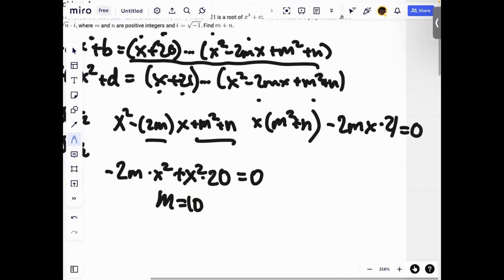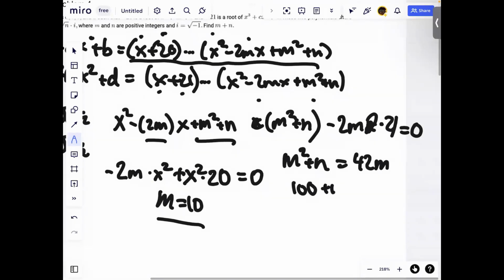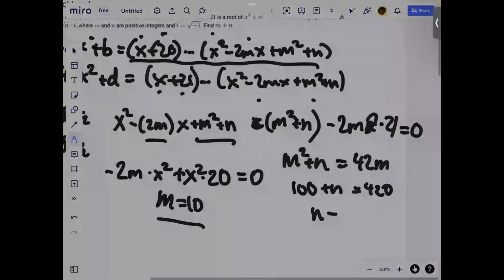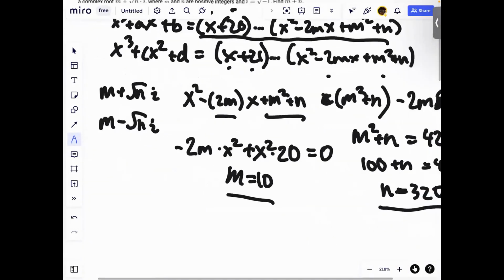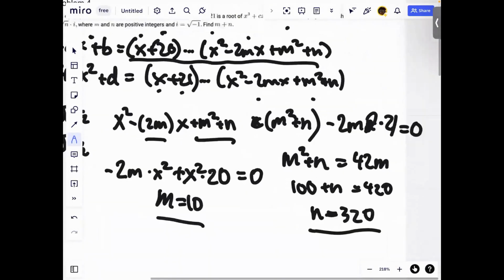So if we cancel the factor of x, then we have m squared plus n is equal to 42m. Since we already found m is equal to 10, then 100 plus n should equal 420, so n is equal to 320. So now it's asking m plus n, so we can just add them, and it's 330.